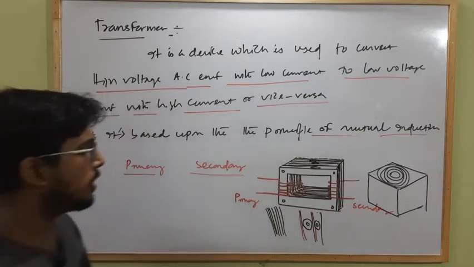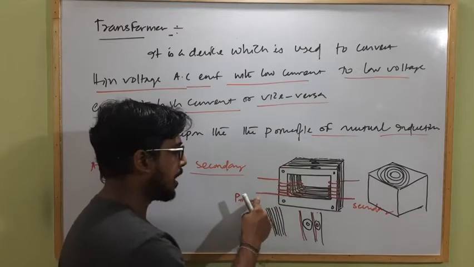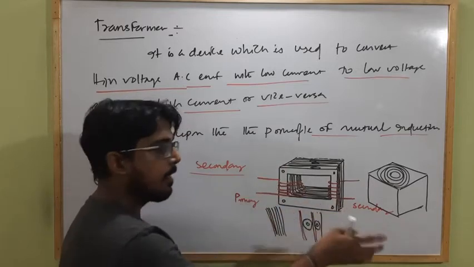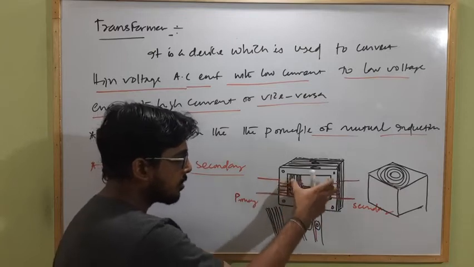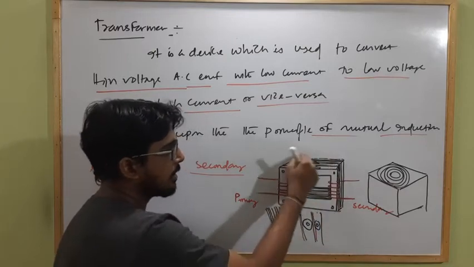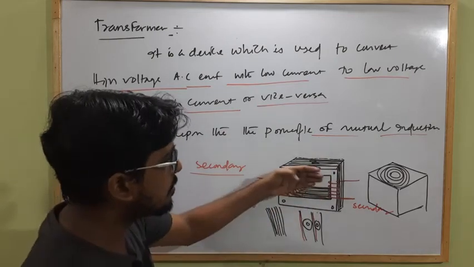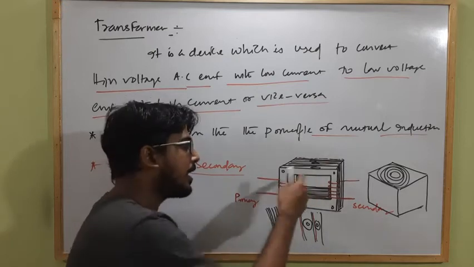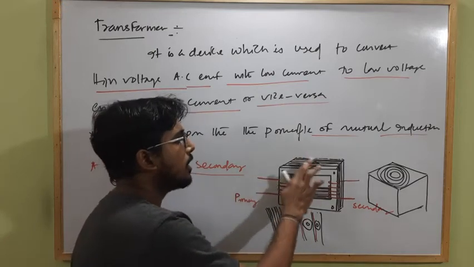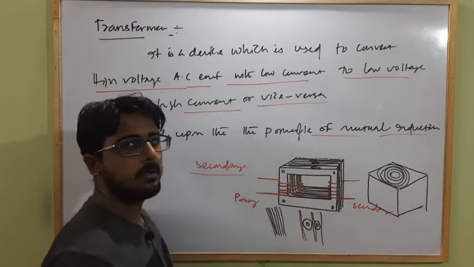So in construction, the transformer has two coils, one is primary, another one is secondary. Both are wounded very close to each other. That means the thickness or the width of this rectangular soft iron core is very small, and this is made up of a large number of thin metallic plate sheets which are separated or insulated from each other to reduce the effect of eddy current.